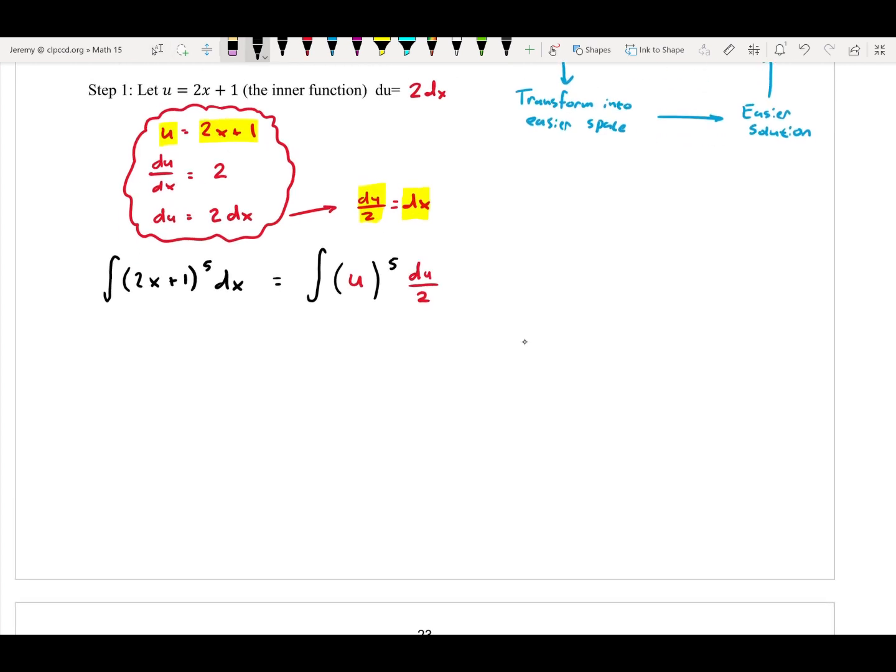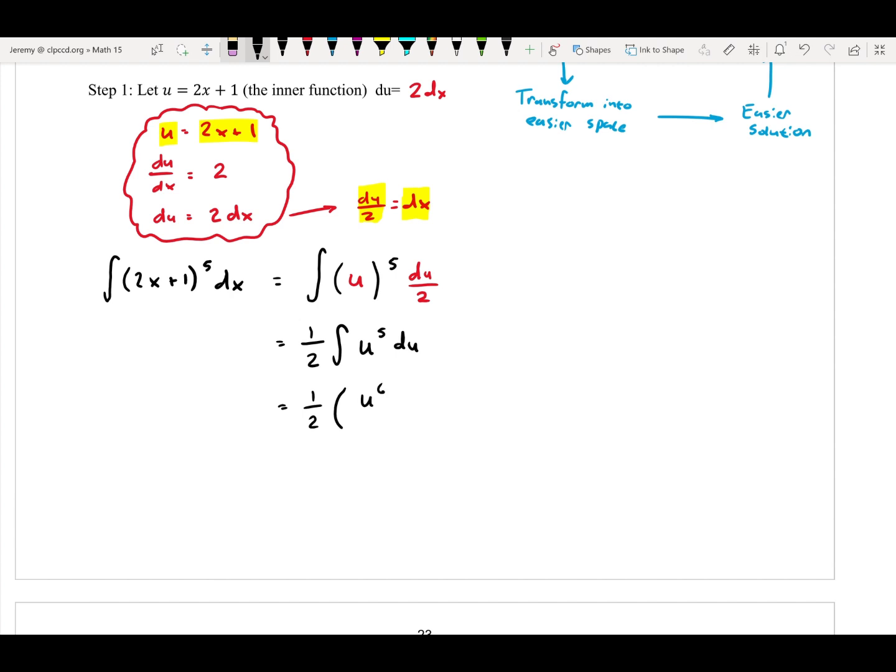Okay, and now let's deal with this problem in terms of u. This 2 in the denominator is just a factor of 1/2. I can bring that to the outside of the integral. So then I just have 1/2 times the integral of u to the fifth du. And this is actually a pretty easy integral. What's the antiderivative of u to the fifth?